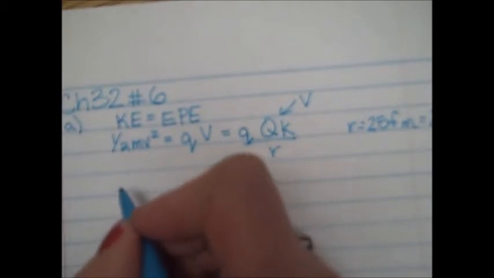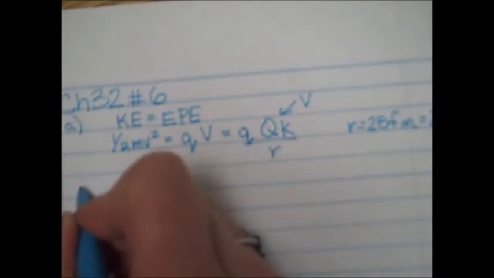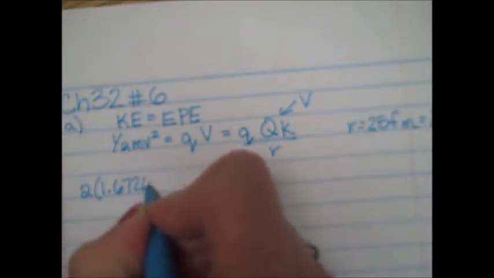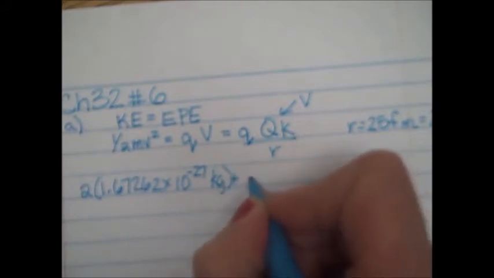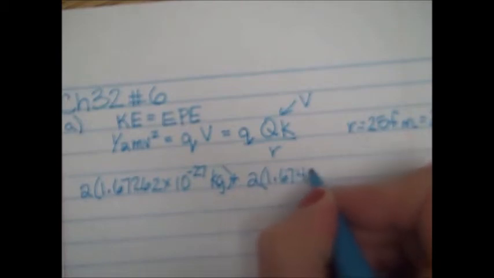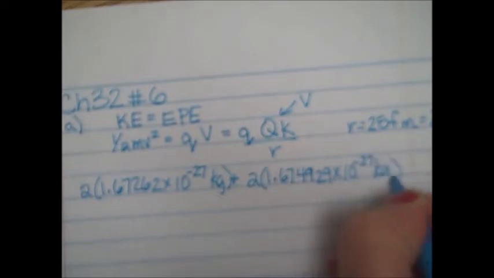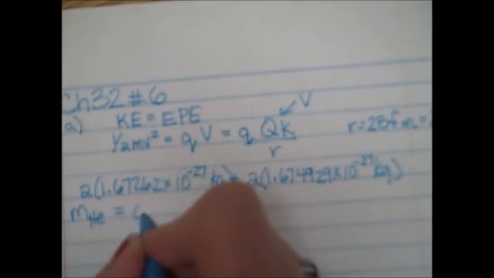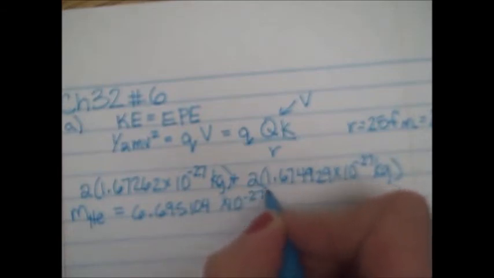And if we go through and do this for the helium nucleus, the mass would be, there are 2 protons and 2 neutrons, so I'm able to find the total mass of the helium to be 6.695104 times 10 to the minus 27 kilograms.